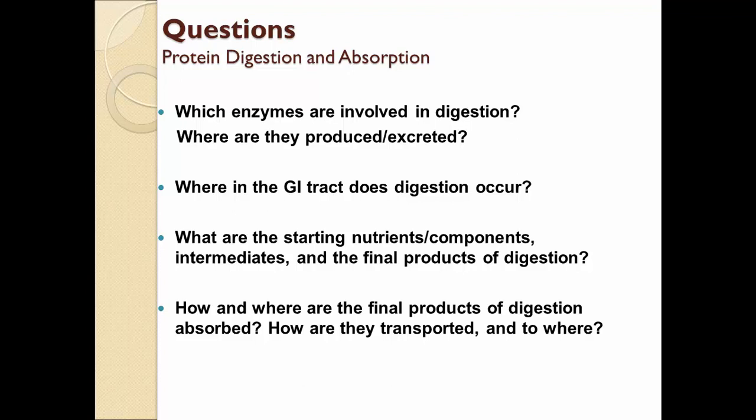The enzymes, right? Protein will eventually be broken down. The polypeptide will be broken down to oligopeptides and di- and tripeptides, and the pancreas also secretes endopeptidases and carboxypeptidases, right?